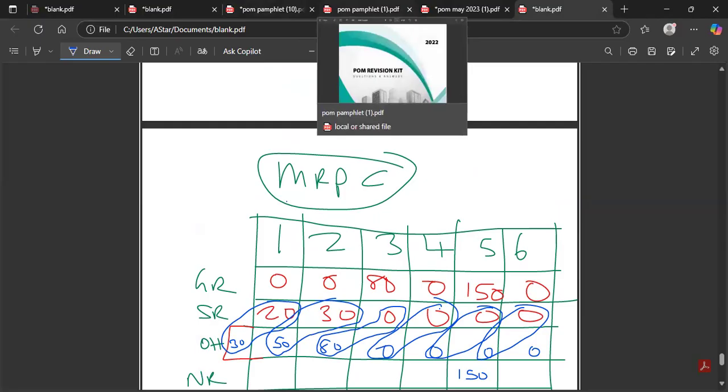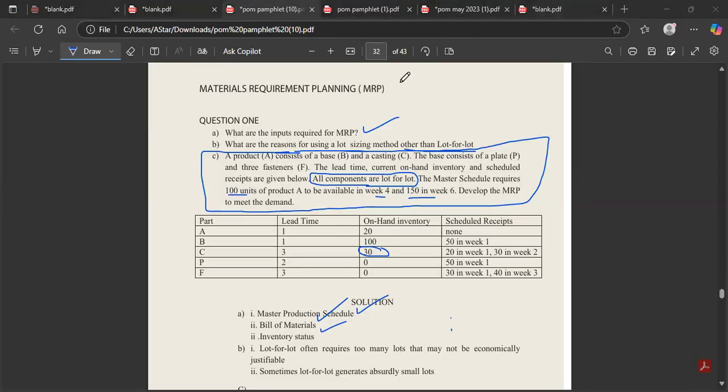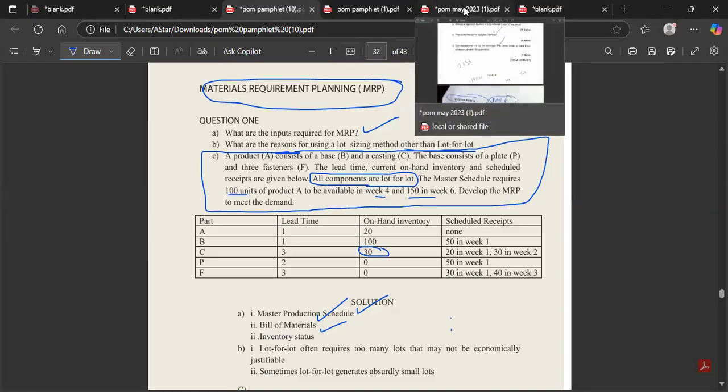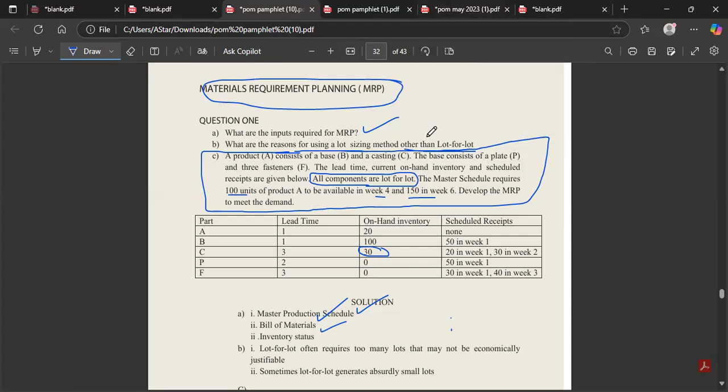In the other revision, we can look at the other topic in the next class. MRP is not a course you need to fear because it's very straightforward. In the other session, I can do a counter check so that I see what you are going to have. All right, so that's it for now. This recording will be shared, don't worry about it.